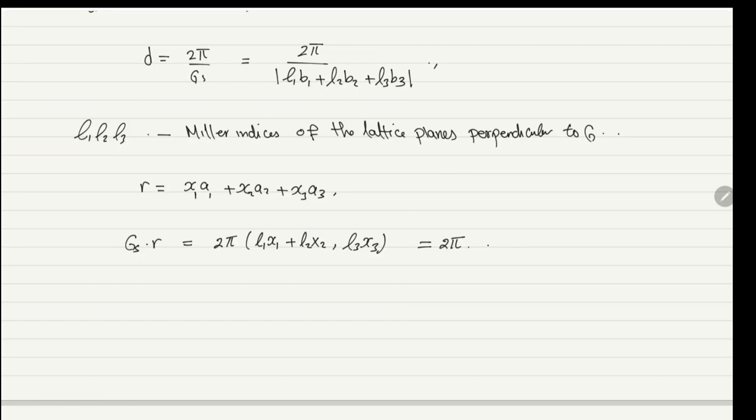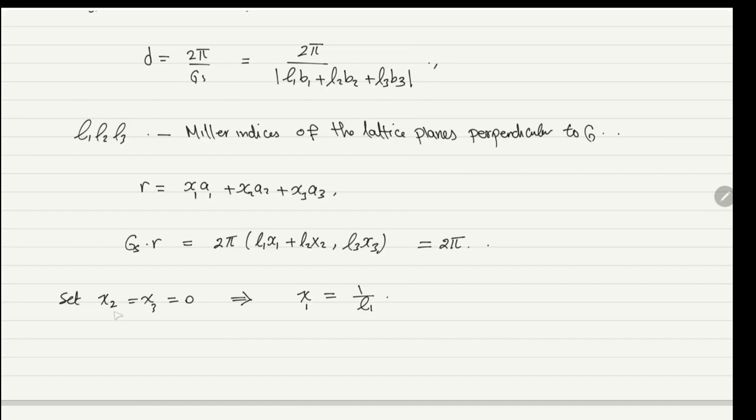If we set x2 equal to x3 equal to 0, in this case the plane will cross the x1 axis at x1 equal to 1 over L1.